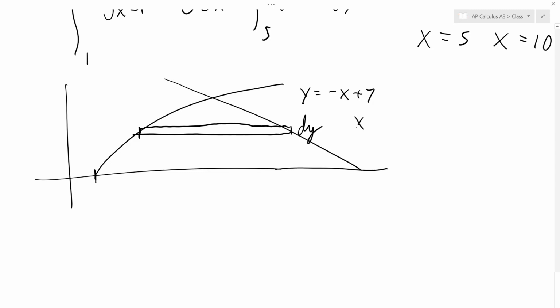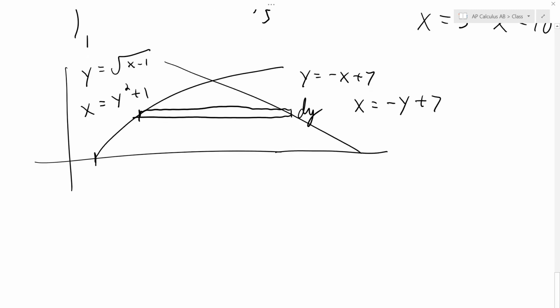So x is negative y plus 7. That's not just because I switched them; if you solve for x, that's what it is. And they're defined on the left-hand side by y equals root x minus 1, which for us is x equals y squared plus 1.